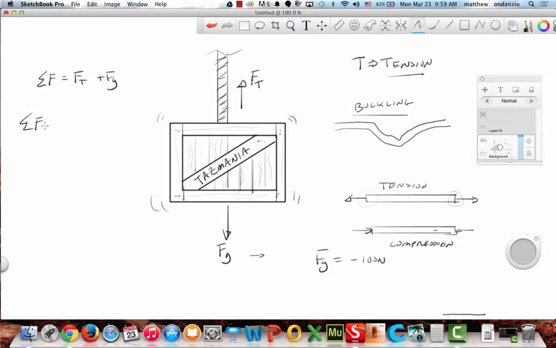That means the sum of the forces equals negative 100 newtons. Why is the force of gravity negative? Down. And if they were balanced, what would the force of tension be? 100 newtons.